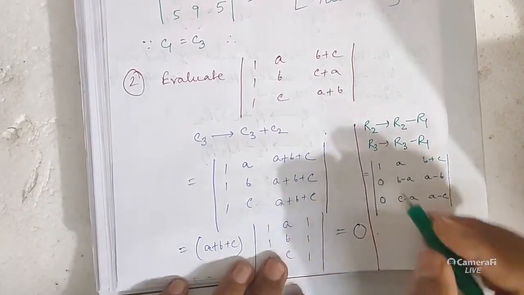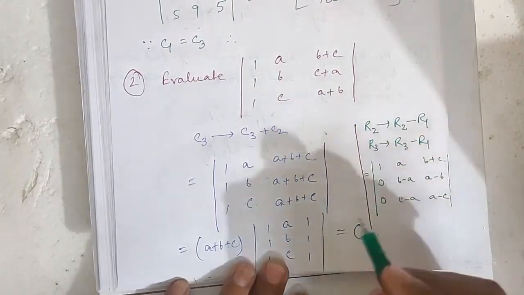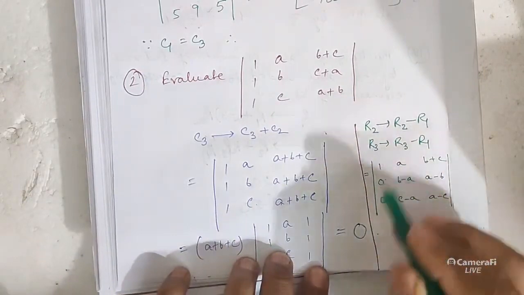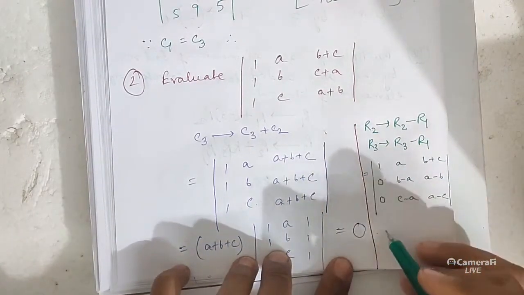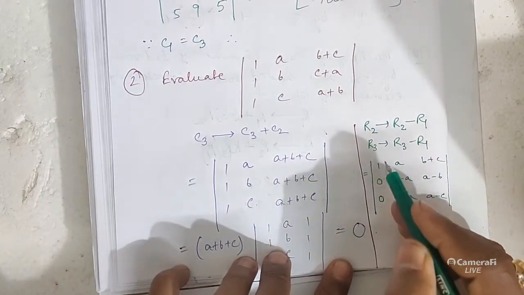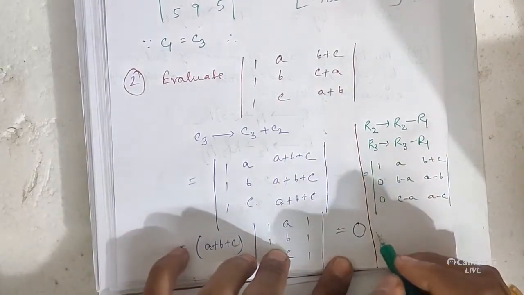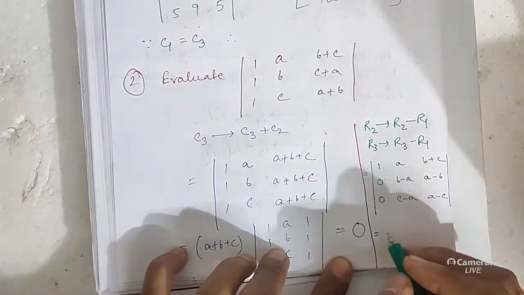Now you can expand. Whenever you are getting two zeros in any row or column, you can expand the determinant using that column. Here in column 1, two zeros are there, so we can expand through this column. What will you get?